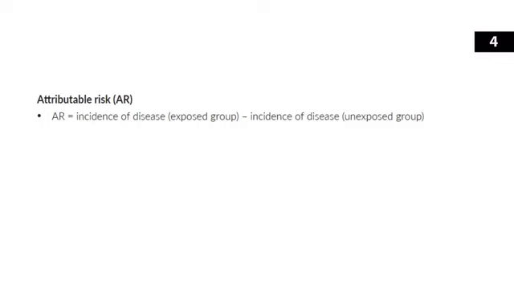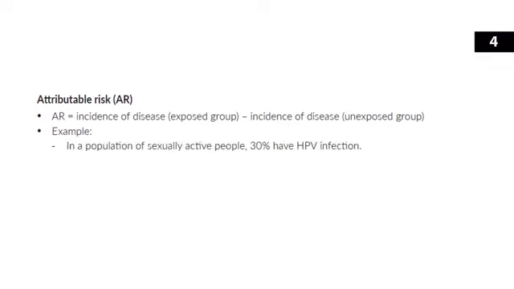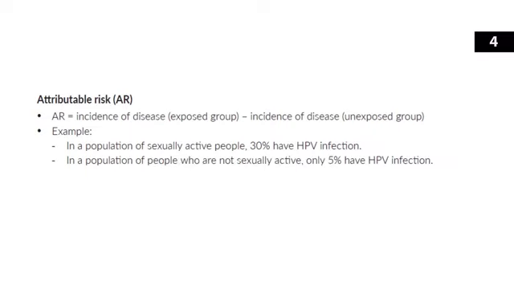It says that attributable risk is the incidence of disease in the exposed group minus the incidence of the disease in the unexposed group. For example, in a group of sexually active people, 30% have an HPV infection. In a population of people who are not sexually active, only 5% have HPV infection. Therefore, the attributable risk of sexual activity to HPV is 25%.